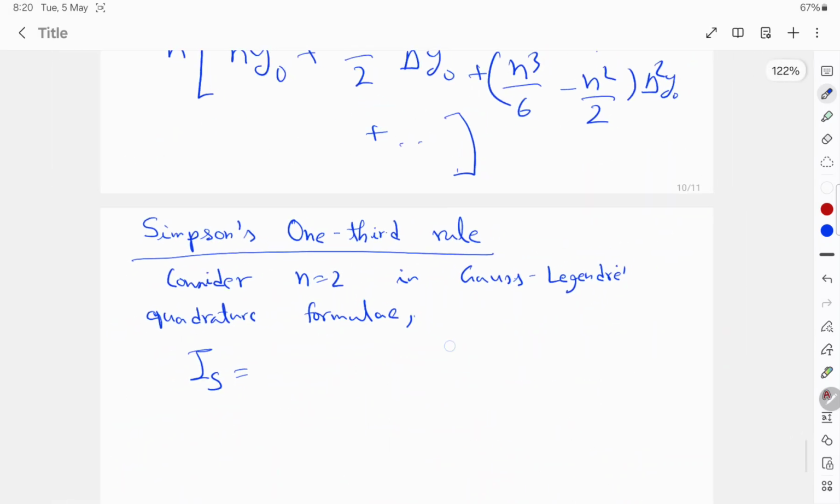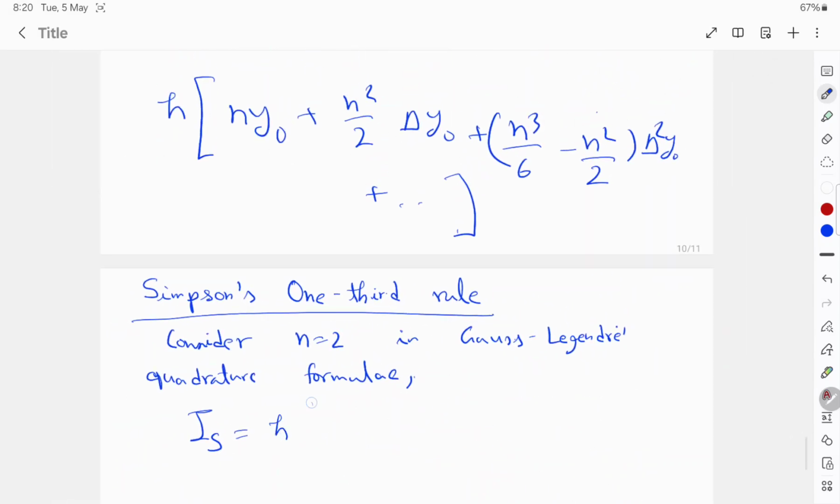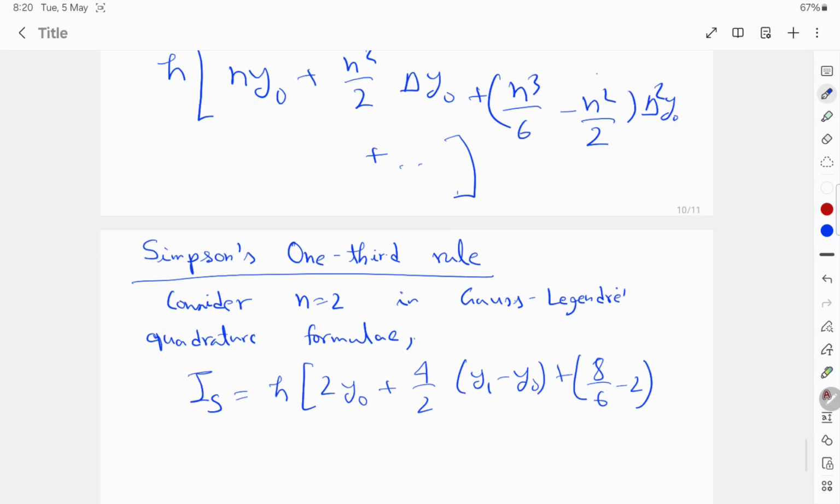So this will become h into 2y0 plus 4/2 delta y0, that means y1 minus y0, plus 8/6 minus 2.